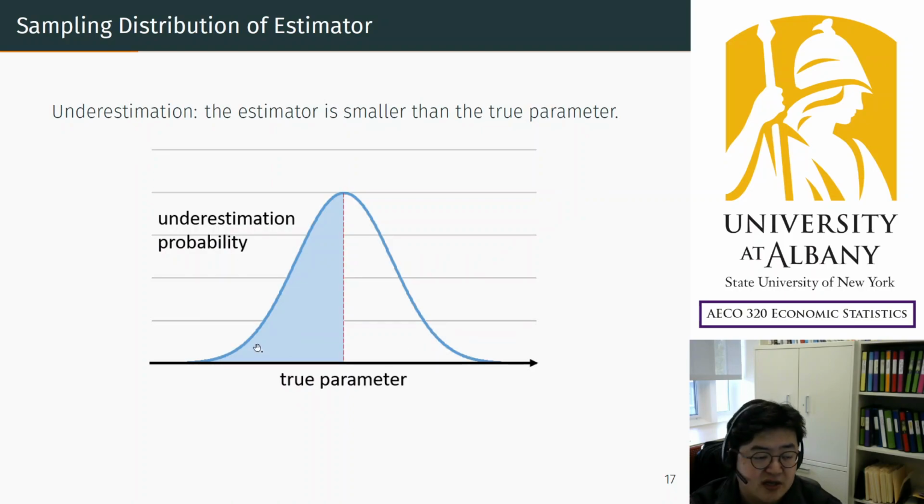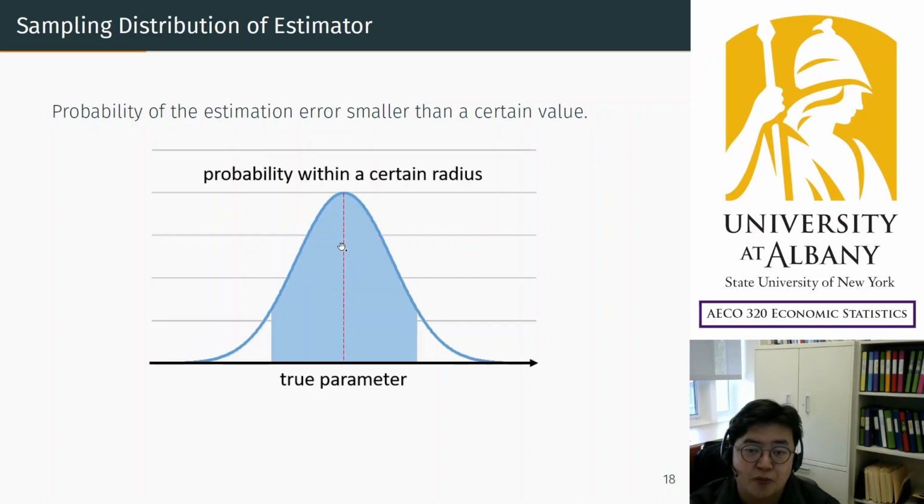Similarly, the other side is underestimation, right? So your estimator falls below the true parameter. So the area is the underestimation probability. Or from the sampling distribution, what's also interesting is the probability within a certain margin. Say the true parameter is here.